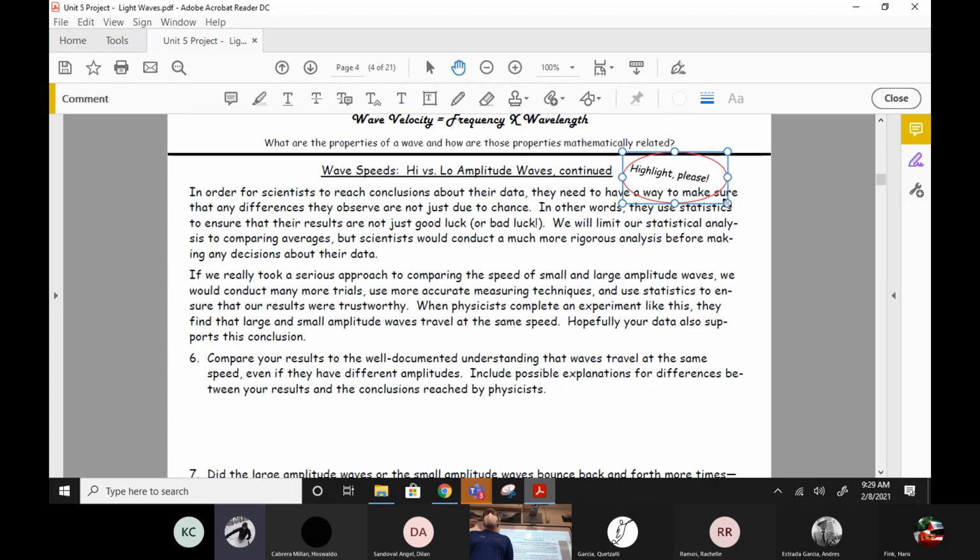They only use it after they've done a bunch of analysis with statistics, because we got some variation in our times, right? And with statistics, we can look at how much variation there was. That tells us if the difference between the two conditions, in this case the large and small waves, was real or if it was most likely luck.